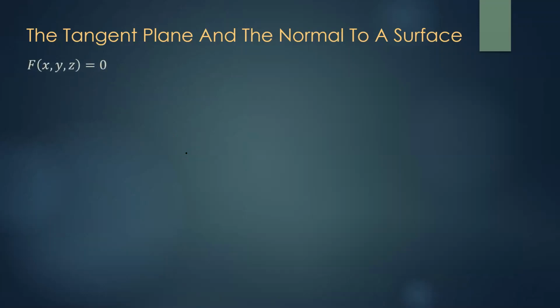So we will start by assuming that the surface is given implicitly. This is implicit equation. So we still consider that z is a function of x and y. But we have a long expression on one side.